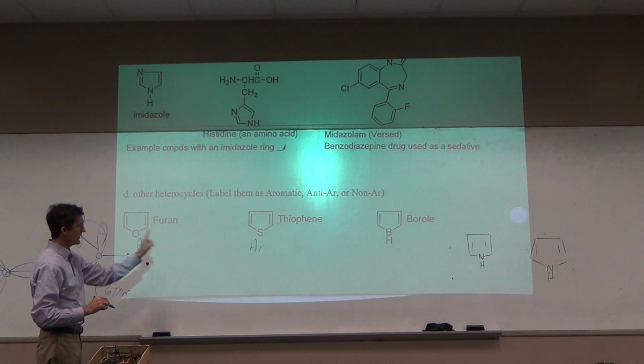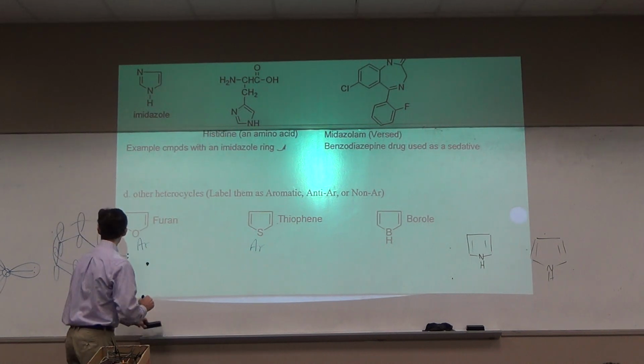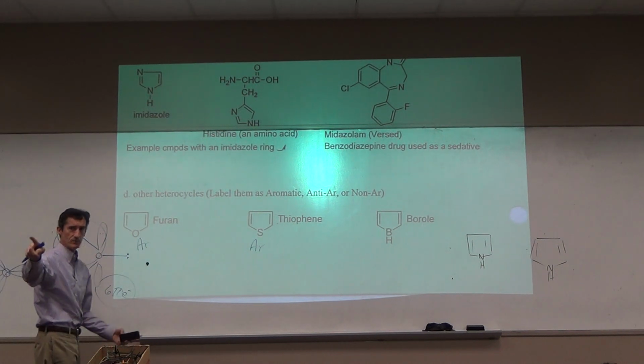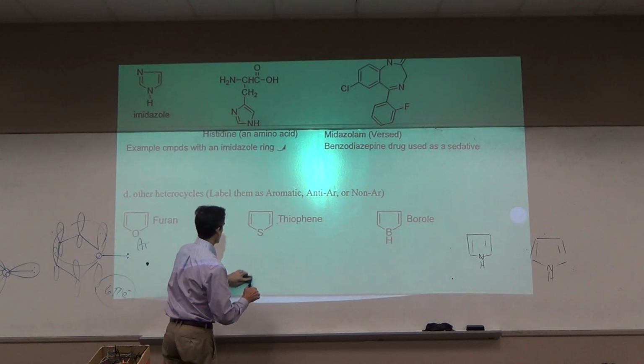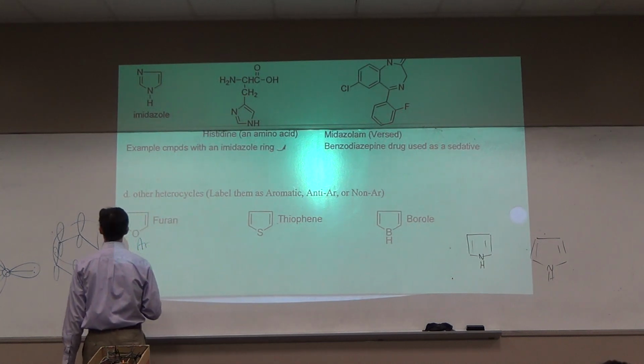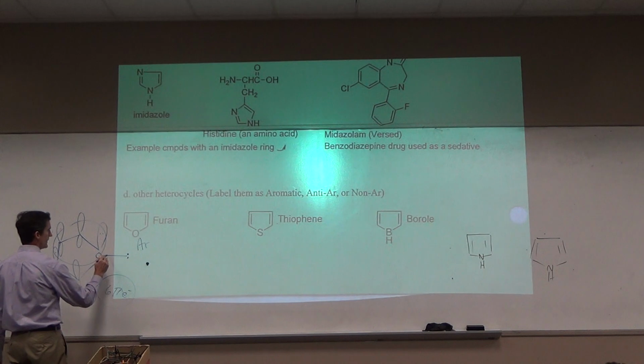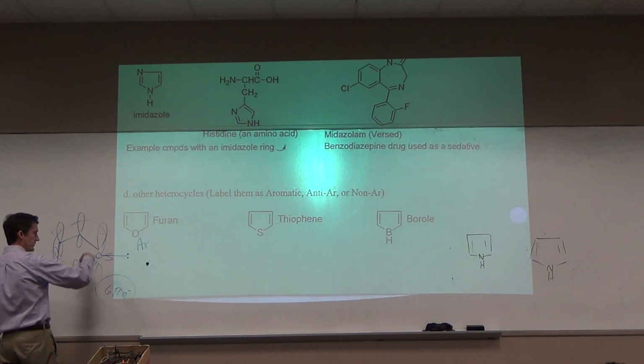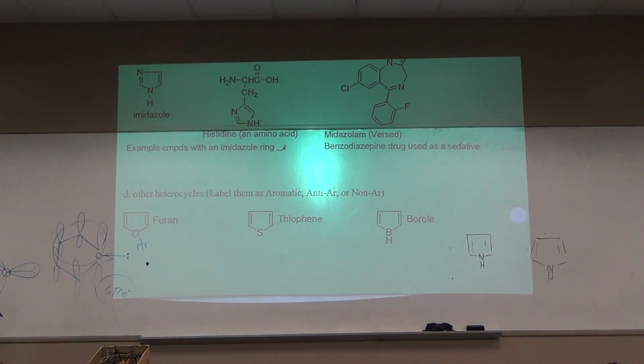Before we get to that, and by the way, there's another difference here. When we drew this p orbital here, and maybe someone said it, what's the difference in this p orbital? If this is sulfur, what's the difference in the p orbital? Larger. It's larger. Because we're dealing with not a 2p, but a 3p.